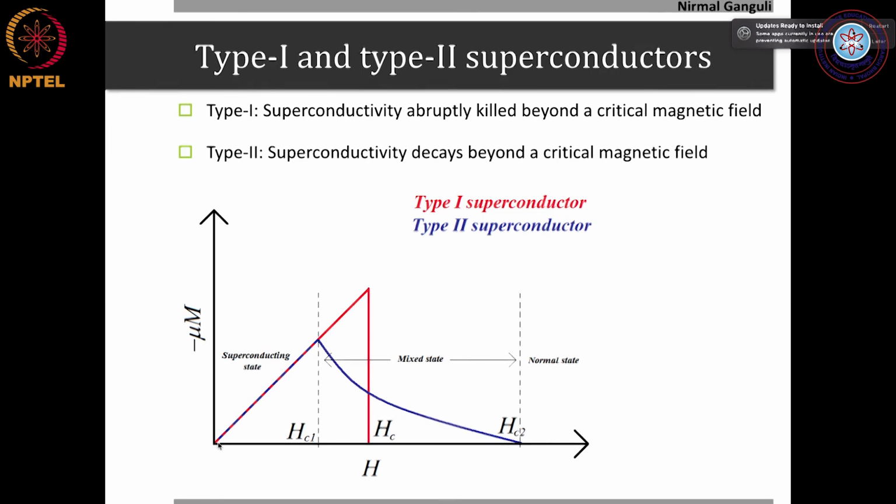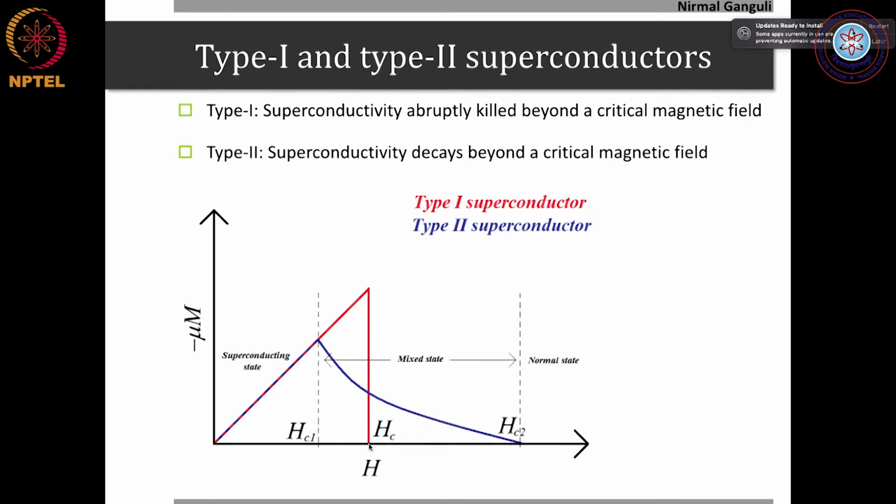If we have a type 1 superconductor, then the superconductivity sustains up to Hc, the critical field, and then it is abruptly killed, and it cannot resist the magnetic field beyond this value.